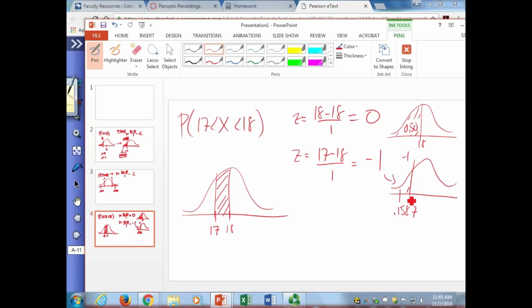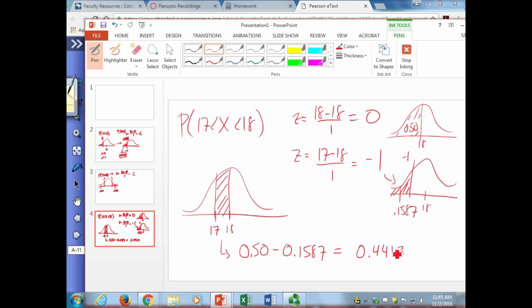So how do I get the probability in between? You take the big probability minus the small one. So that's 50% minus 0.1587. And so that's going to be, what, 0.4413 maybe or something?